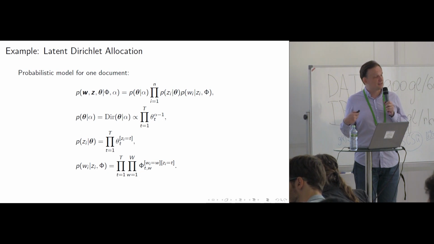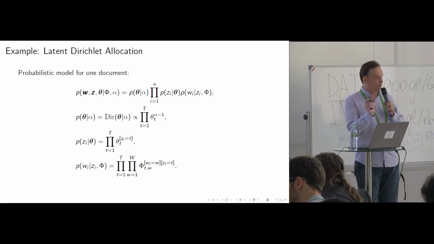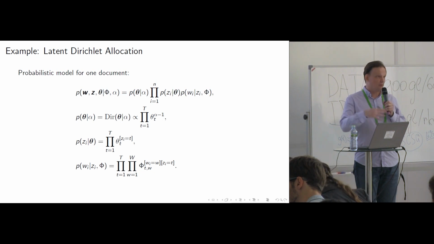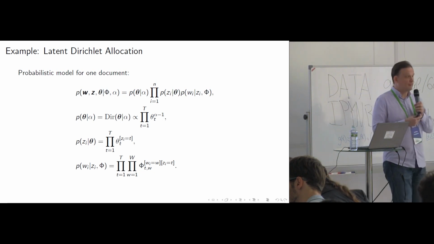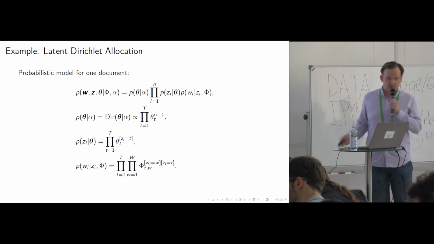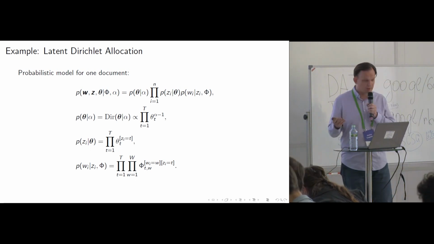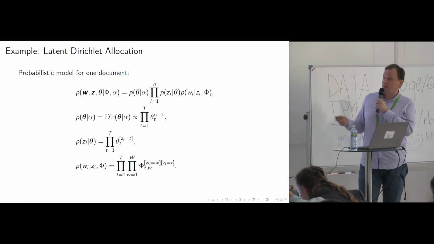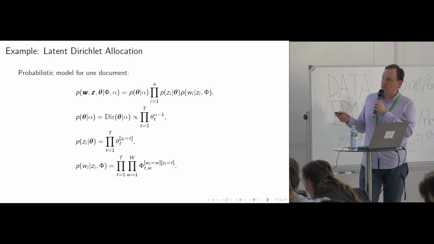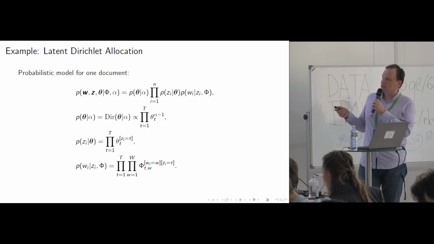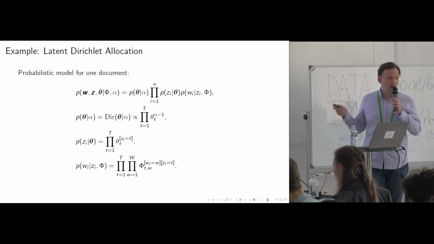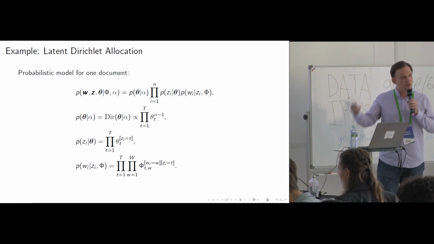It means that in our document, only a few topics are probable, and all other topics are not. These are very reasonable assumptions about the topic distribution within a document. In a similar way, we might introduce a Dirichlet distribution over phi, the distribution of words within each topic.